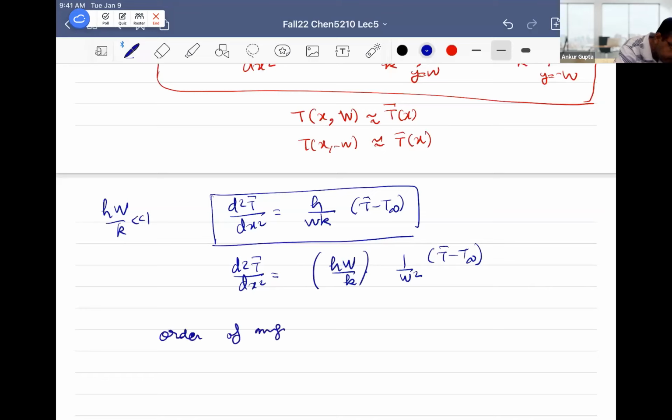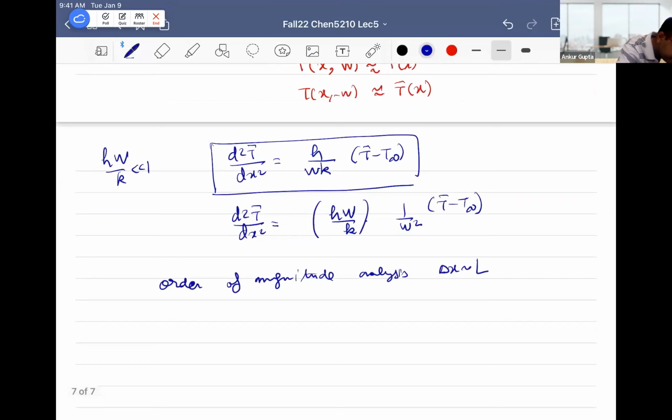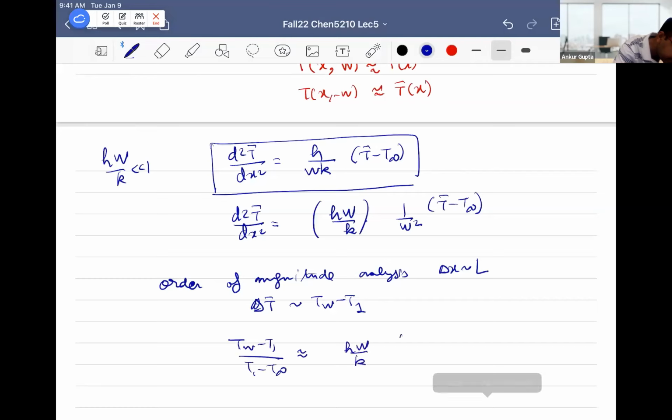Let's do this because it's a great question. Delta x is actually L. So this will mean that this delta T bar will be T bar of some value of 1. Then I'll say Tw minus T infinity, and that will come out to be T times L by W.